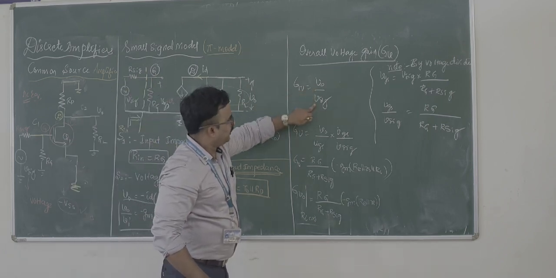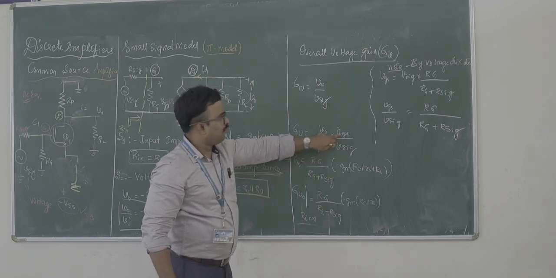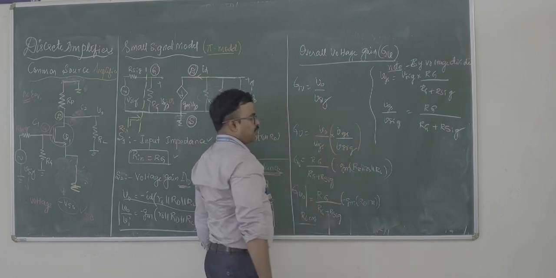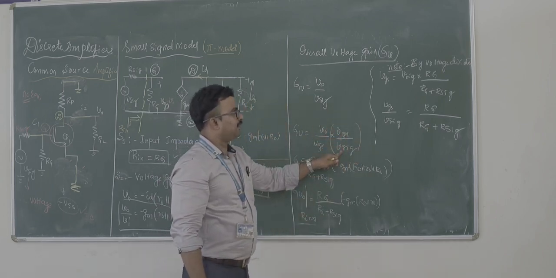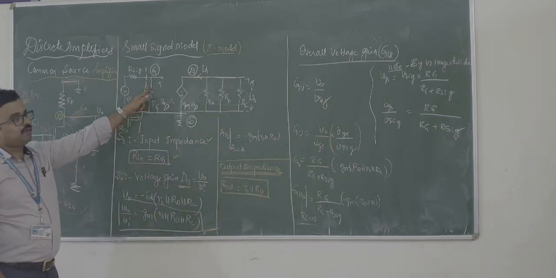Vout by Vsig, you consider, multiply and divide by VGS. So there are two different terms. VGS by Vsig is found by applying the voltage divider at the input.